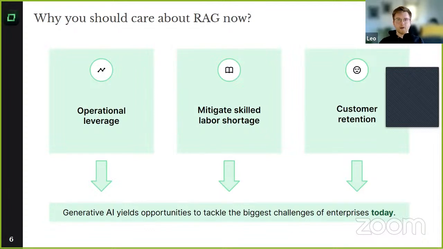Many companies struggle to find good people, and have too many requests from customers and too few people to take care of all of these. If you give such a RAG tool into the hands of your employees, you can drastically increase the efficiency and the speed of how your employees can access the data in your company.